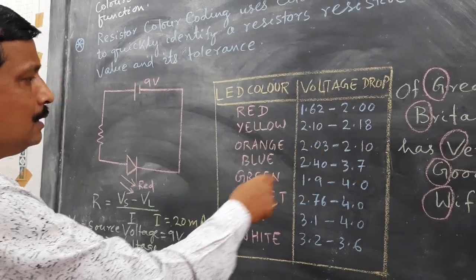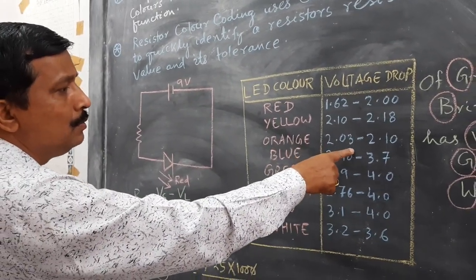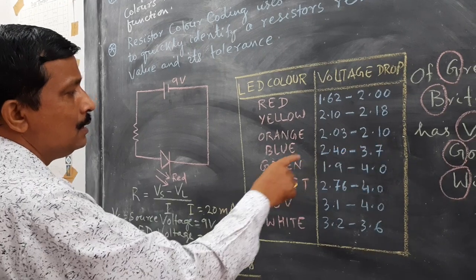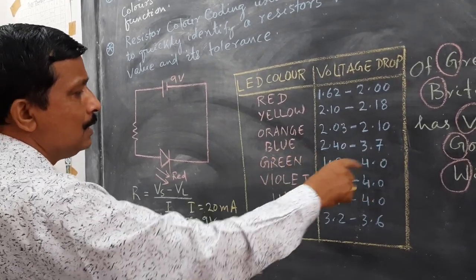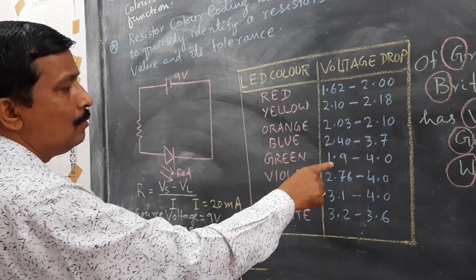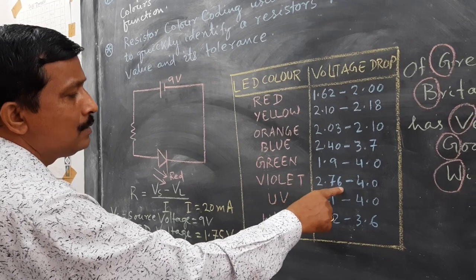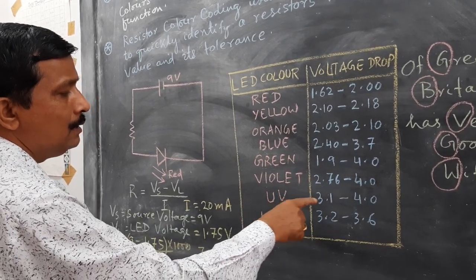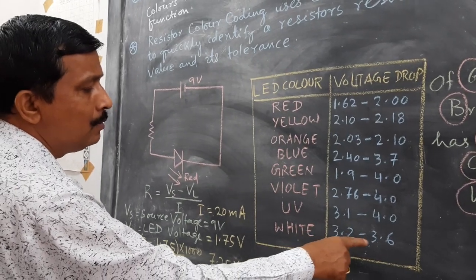Similarly, if it is orange color, then it is 2.03 to 2.10. Similarly, if it is blue color, 2.40 to 3.7. Similarly, if it is green color, 1.9 to 4.0. Violet color, 2.76 to 4.0. Ultraviolet, then it is 3.1 to 4.0, or white is 3.2 to 3.6.